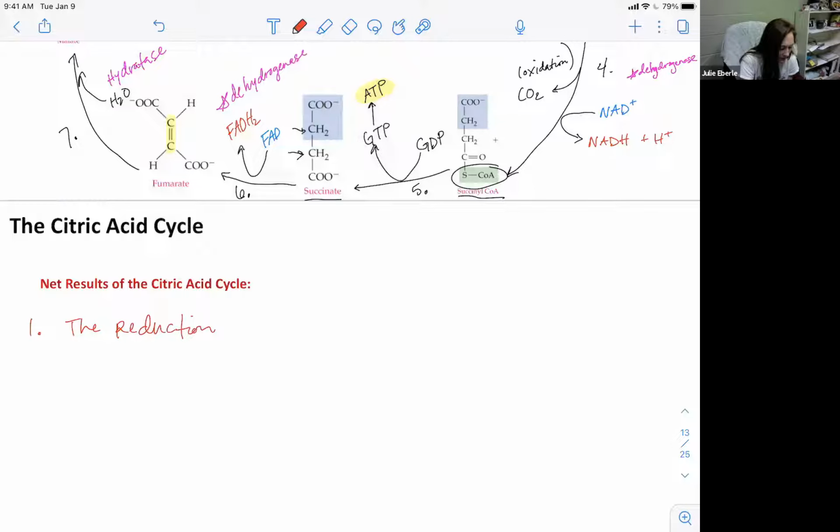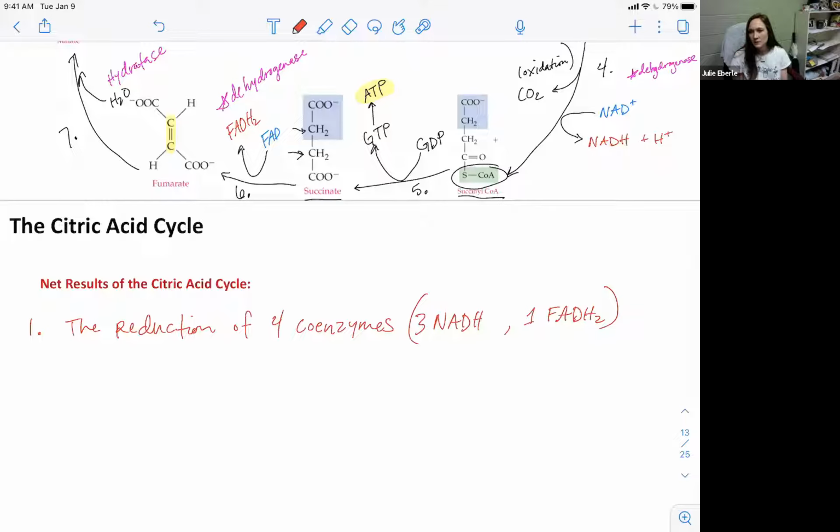How many specifically? 4 total. We get 3 NADH, and we produce 1 FADH2. So we reduce 4 coenzymes, we end up with 3 NADH, 1 FADH2.